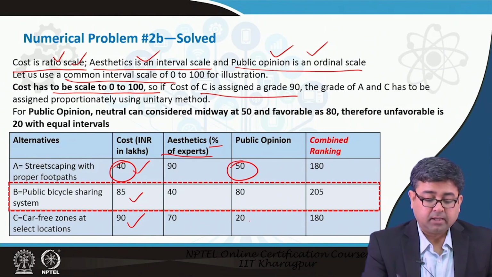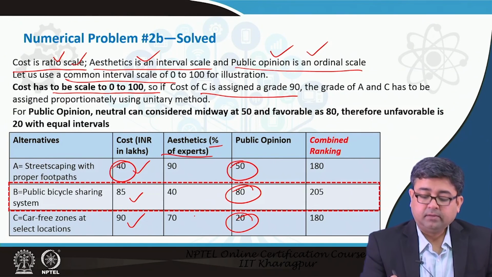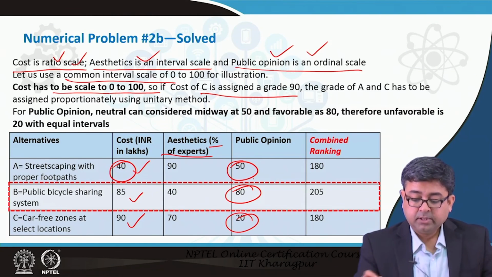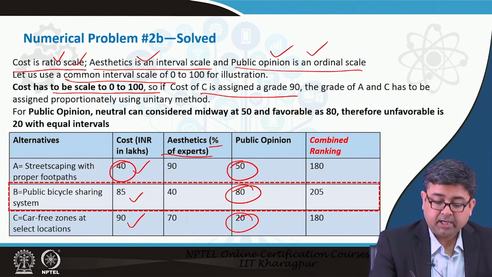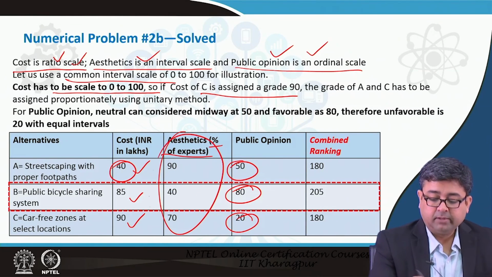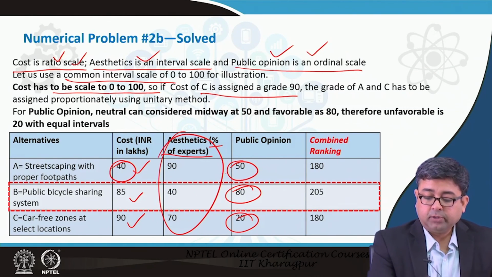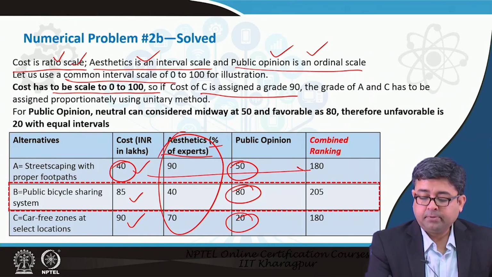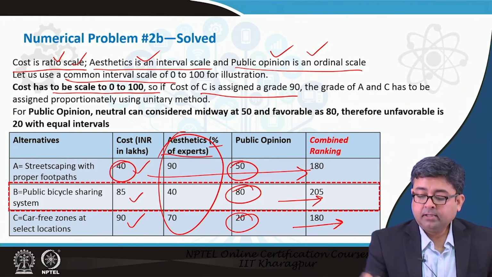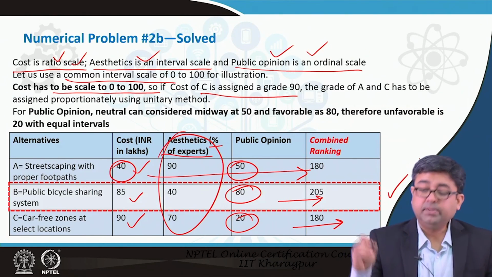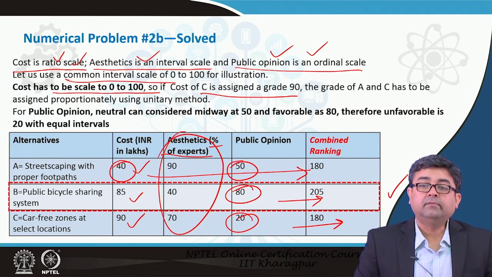So, if it is unfavorable, it is 20, 50 minus 30, whereas if it is favorable, then it is 50 plus 38. Aesthetics is already in interval scale, so we do not need to convert it. Once we convert the other 2 into interval scale and add it up, you suddenly see that now you have project B as the best alternative.